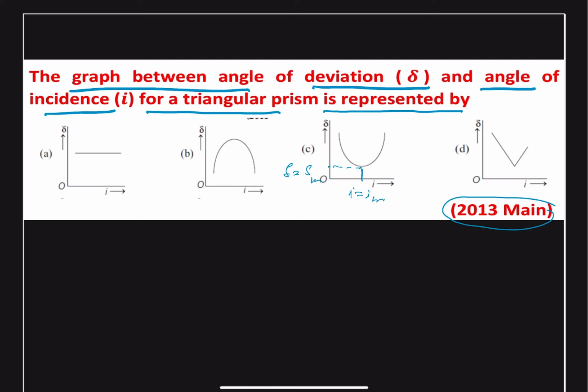So this is quite a straightforward graph, and option C is the correct one.